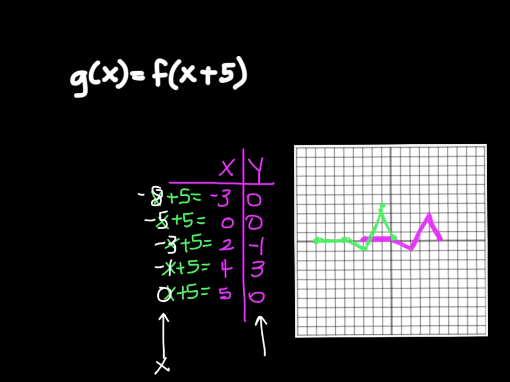Okay, now let's look at this. What did I do to my purple function? I shifted it backwards. Every point shifted backwards 5. This is a horizontal shift to the left 5.